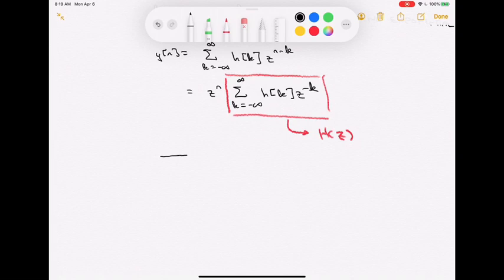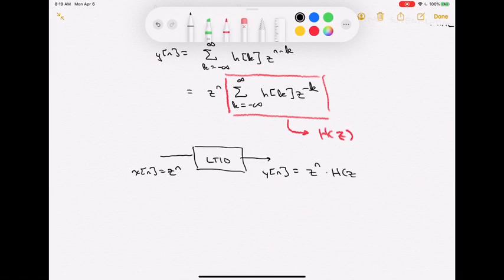When an input x[n] equal to z to the n goes into our linear time invariant discrete system, out pops an output y[n], which is that same input, z to the n, times H(z). An everlasting exponential in gives us an everlasting exponential out, modified just by the complex constant H(z), which is a function of the input frequency z.